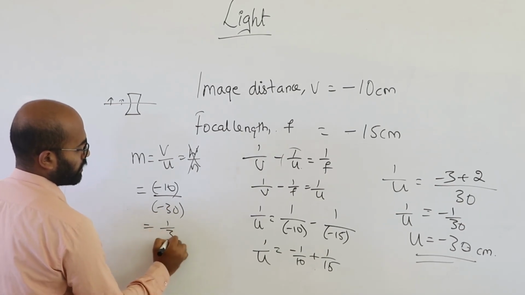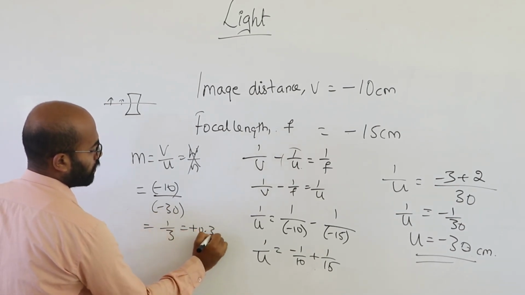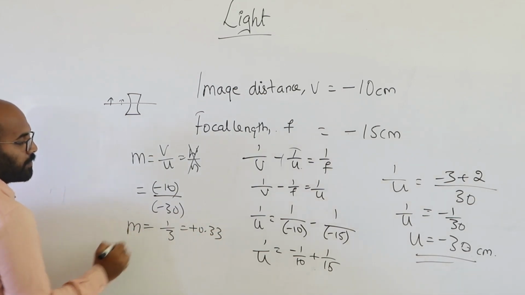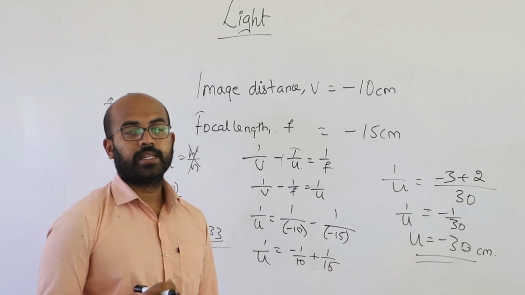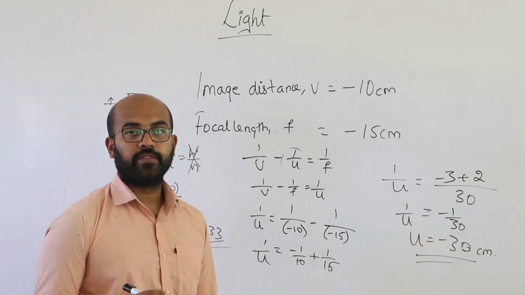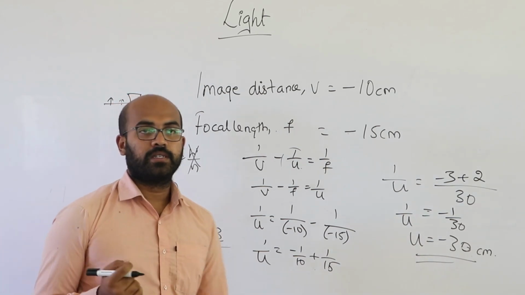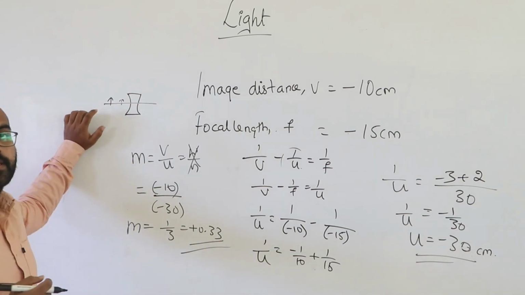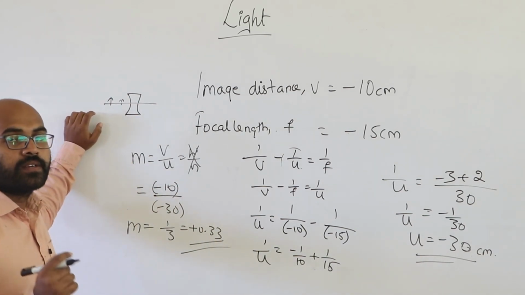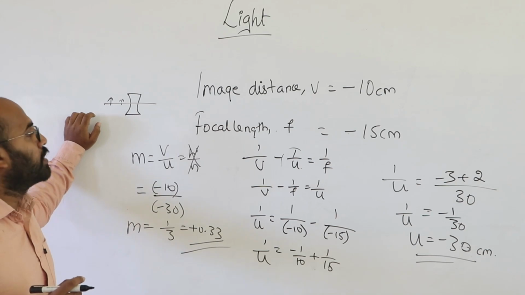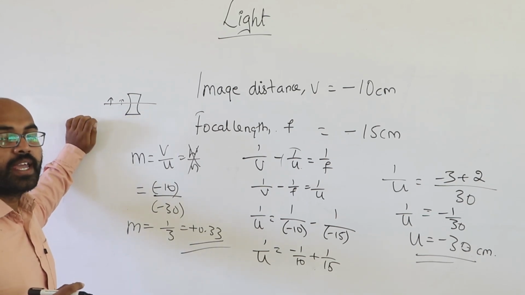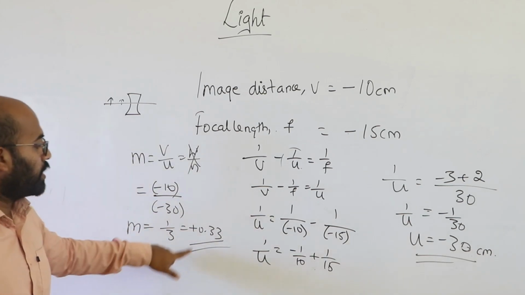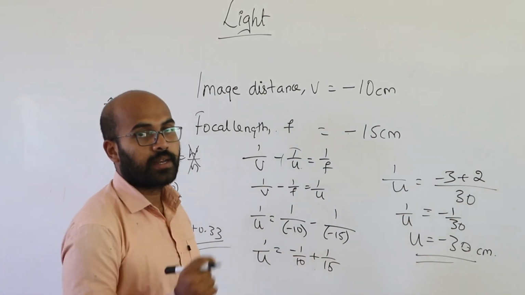So it is 1 by 3, that is plus 0.33. So the magnification is plus 0.33. Magnification is positive for a virtual image, because in a concave lens it's always a virtual image that is formed. So magnification is plus in a concave lens, and it is always less than 1.